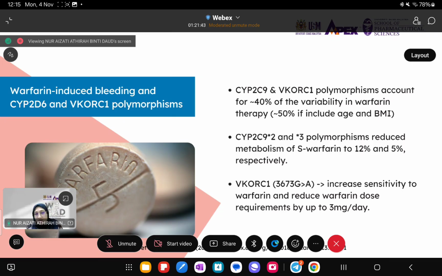We monitor the patient punya effectiveness or the bleeding tendency with the INR reading, kan? But there is also a genetic marker which can predict the variability in the warfarin therapy. And these genes are CYP2D6 and VKORC1 genetic polymorphism. And the studies have shown that CYP2D6 and VKORC1 polymorphism account for the majority of the variability in warfarin therapy.